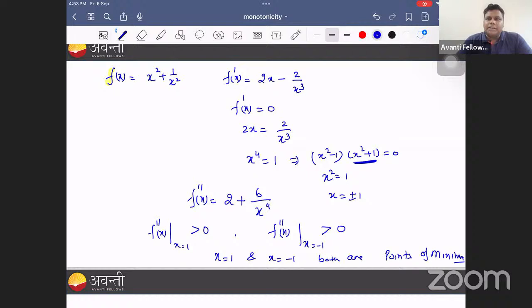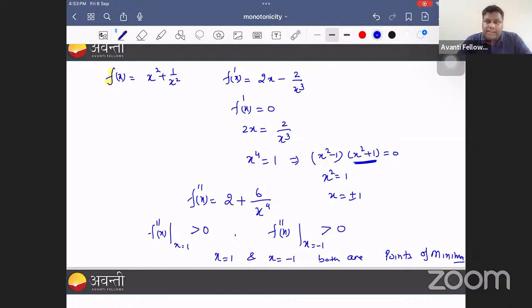If you remember, in the beginning of this lecture I told you that maxima and minima occur alternatively, for a function, meaning one maxima, then minima.